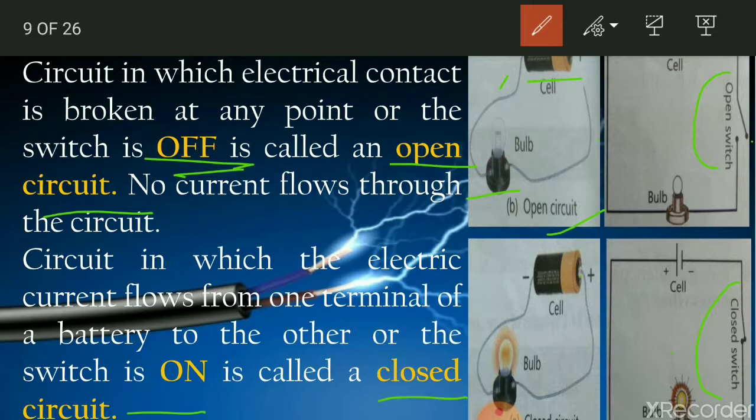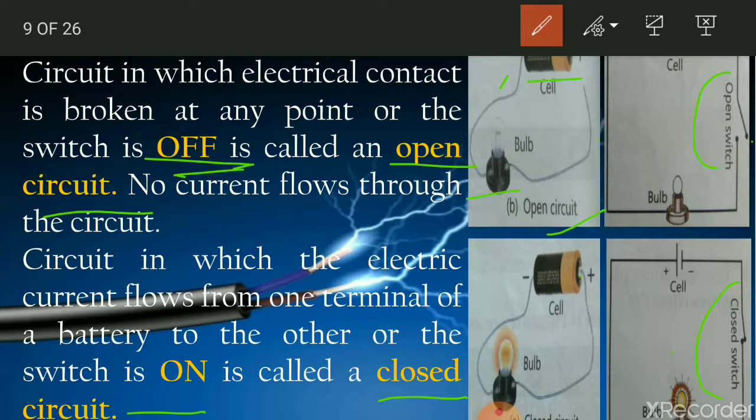So open circuit means the circuit which is broken, the circuit which is incomplete, just because the electrical contact is broken at any point or the switch is in off condition. In that condition electric current will not flow.